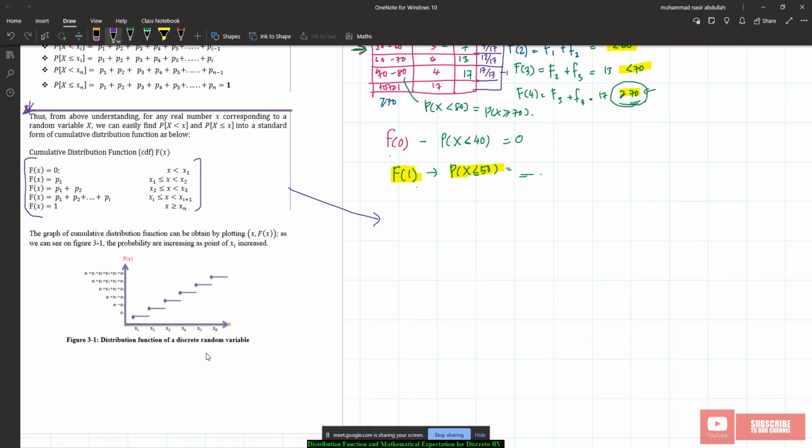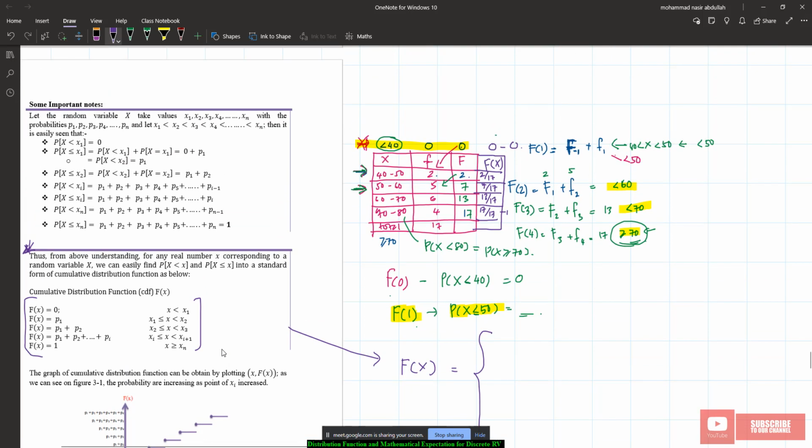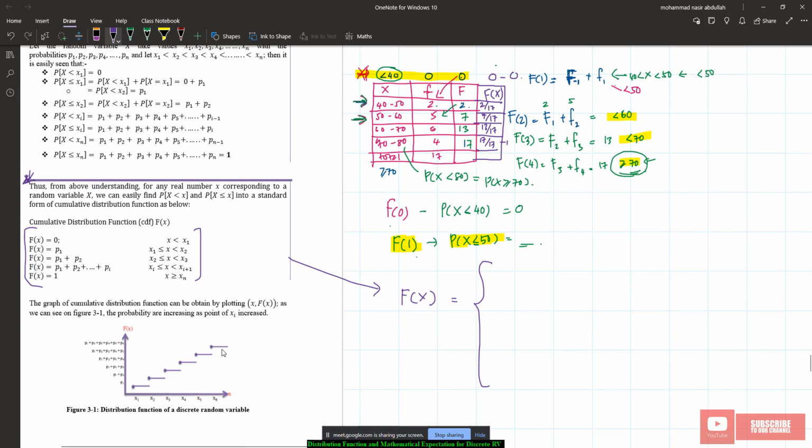So first kita letak capital F(x) equal to, at the big curly bracket. You start with the lowest value. The lowest value is capital F0. Capital F0 should always equal to 0. And then we move to capital F1.